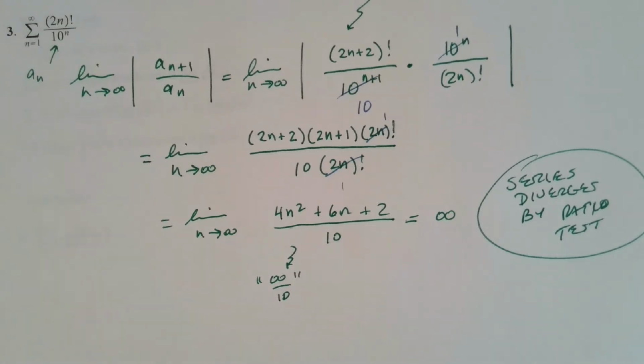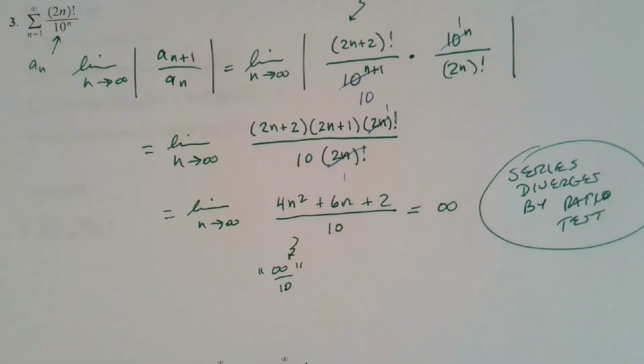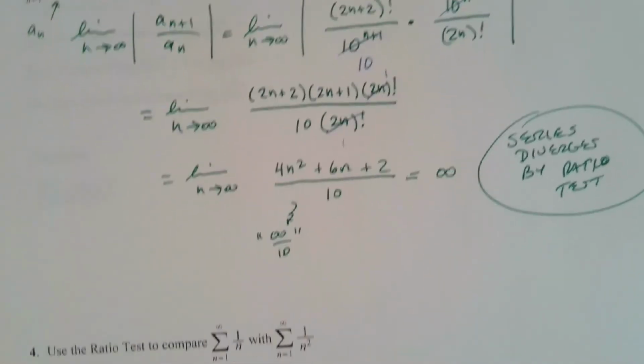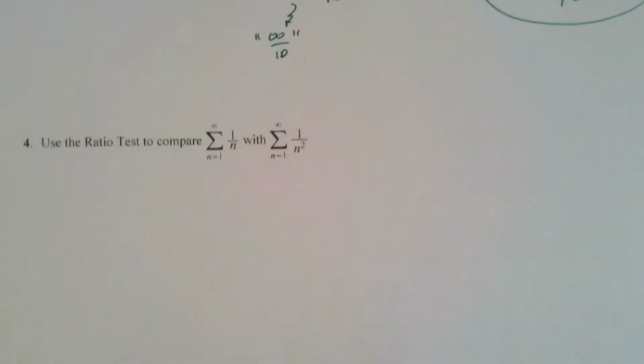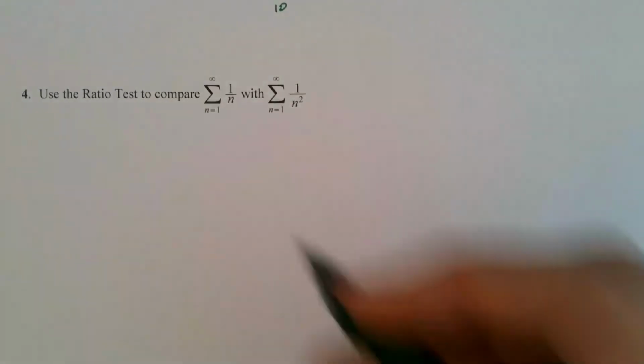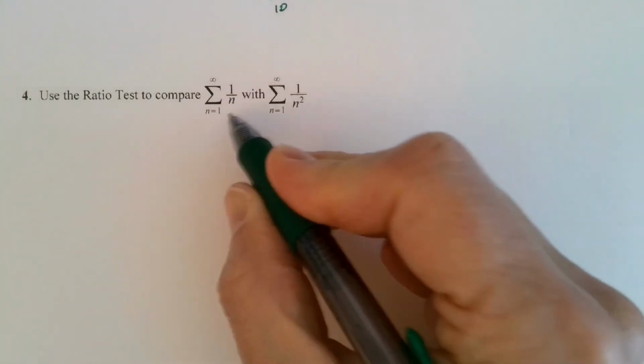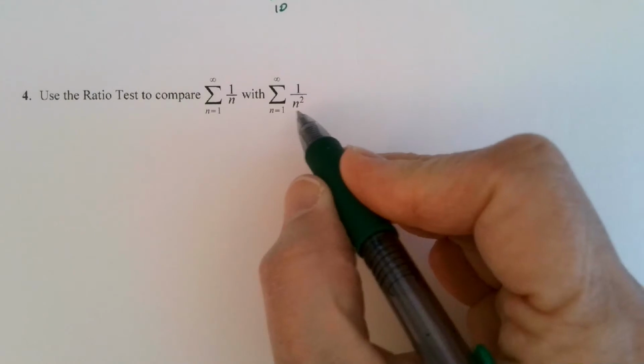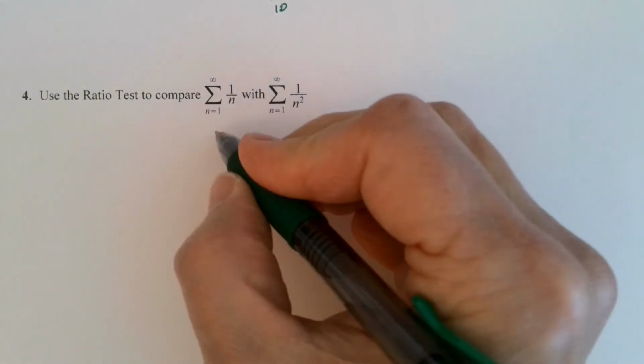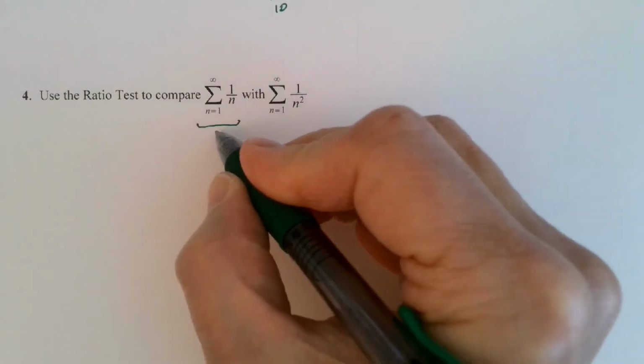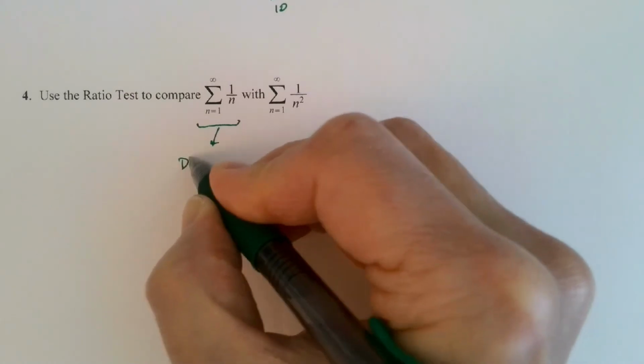Now, we did say in certain cases this limit could come to be 1, and what happens then? Well, it's inconclusive. And I just want to show you an example of why that's the case. It's inconclusive. We know what these series do. Right, this is the harmonic series, right? What do we know about this? This is divergent, right?